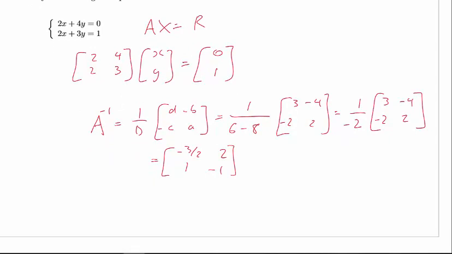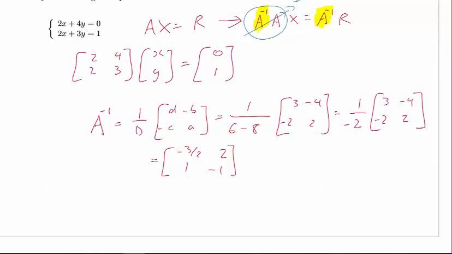So again, this guy up here, we can express this as A negative 1 times A times X equals A to the negative 1 times R, where again, order counts. So we're making sure to keep the order the same. And so we note that these two multiplied together gets us simply the identity matrix.